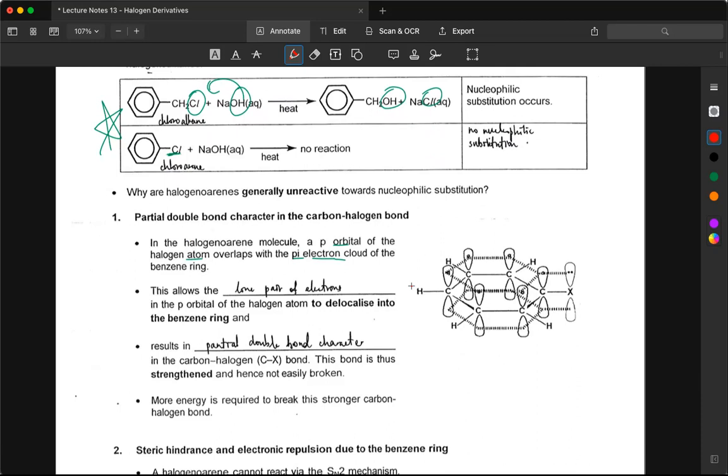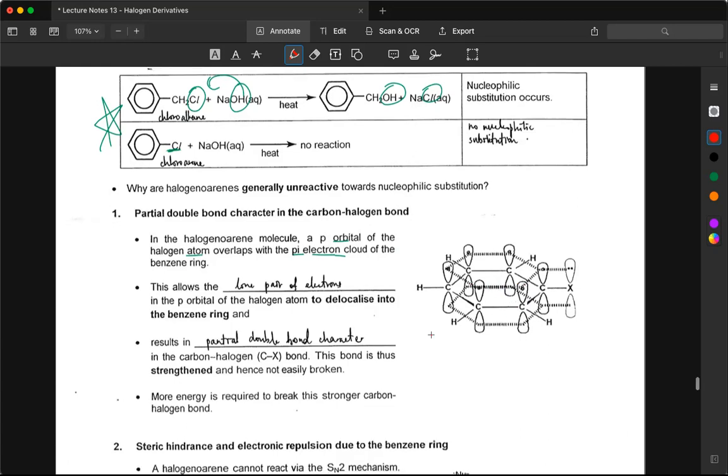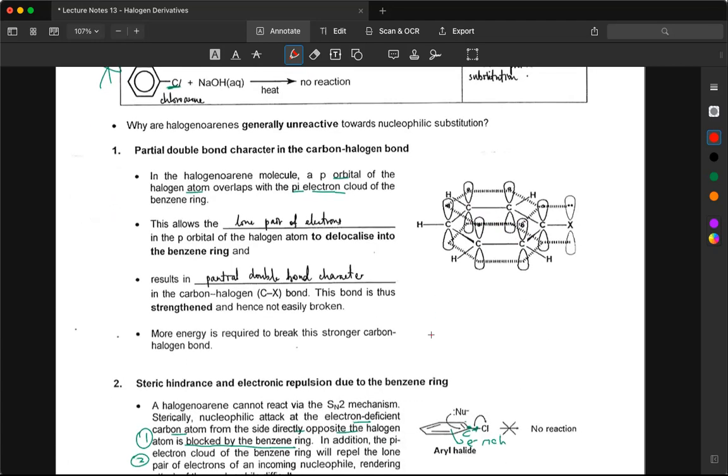So in the halogenoarene molecule, the p orbital of the halogen atom overlaps with the pi electron cloud of the benzene ring. This allows the lone pair of electrons in the p orbital of the halogen atom to delocalize into the benzene ring, which results in a partial double bond character in the carbon halogen C-X bond.